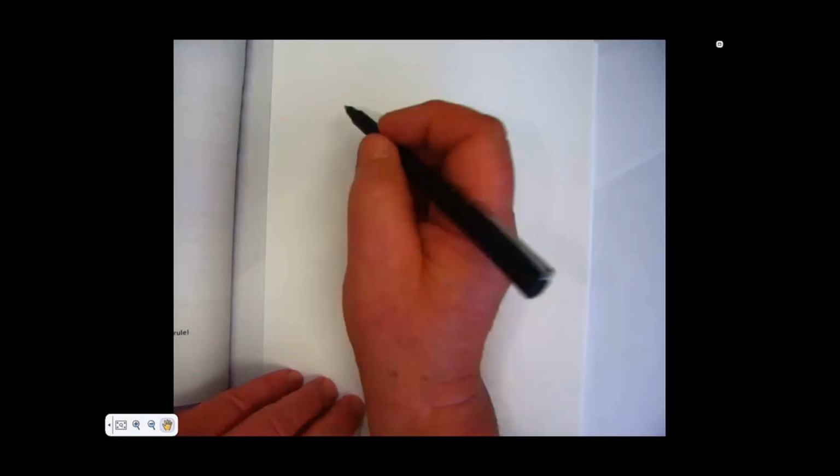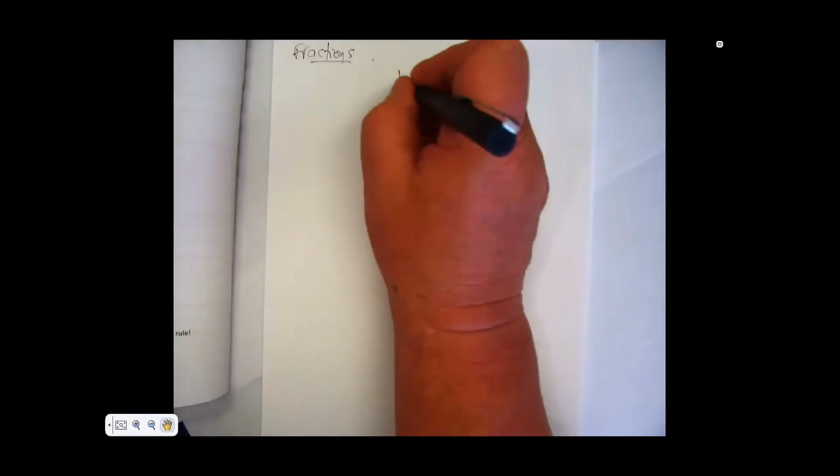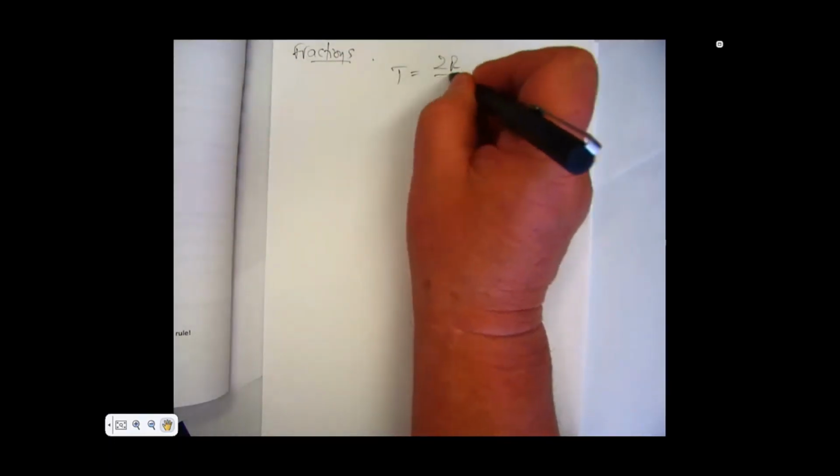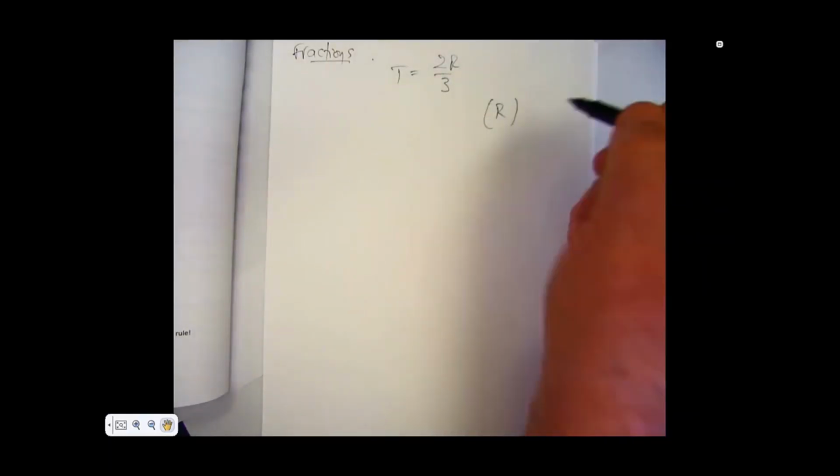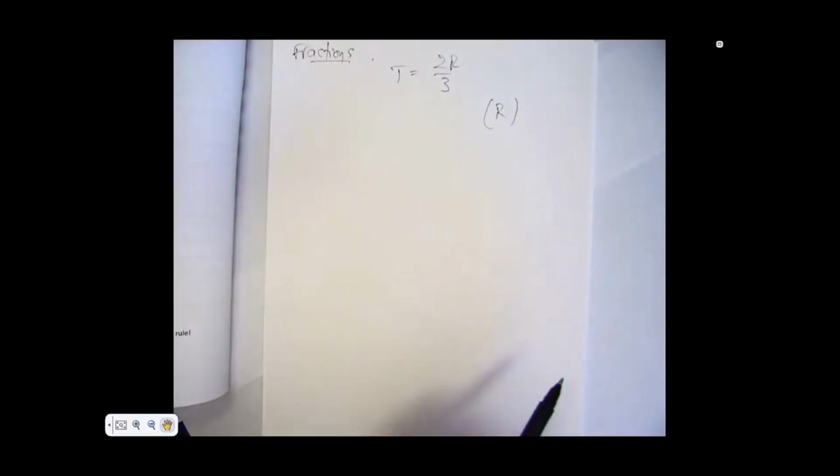Okay, down towards the bottom of page 7 we have another example. This time we're dealing with fractions. So we have t equals 2r over 3, and the examiner has asked you to find r by itself.